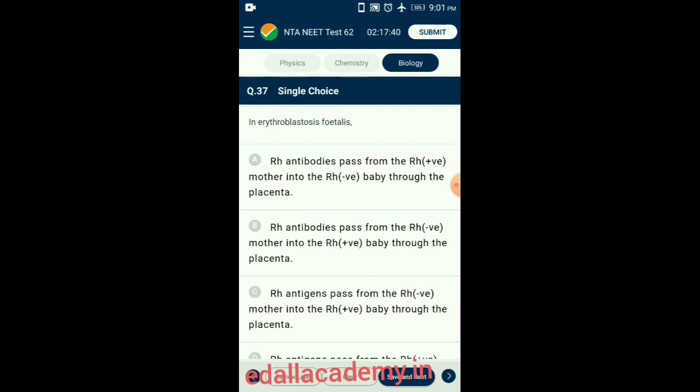This could be fatal to the fetus or could cause severe anemia and jaundice to the baby. This condition is called erythroblastosis fetalis. So the answer is option B. Rh antibodies pass from the Rh negative mother to the Rh positive baby through the placenta. Question number 38.